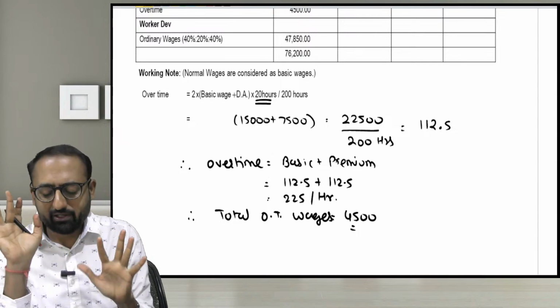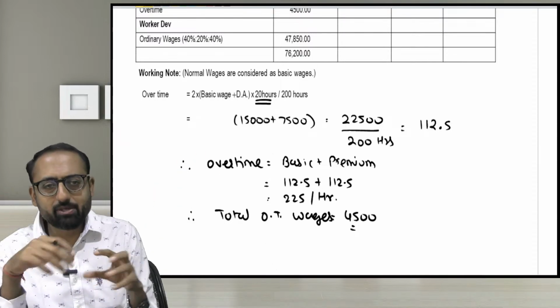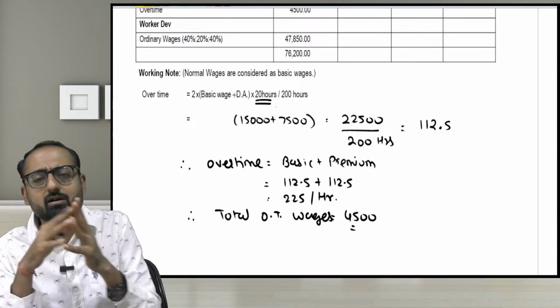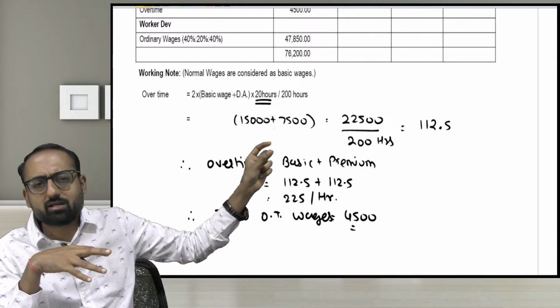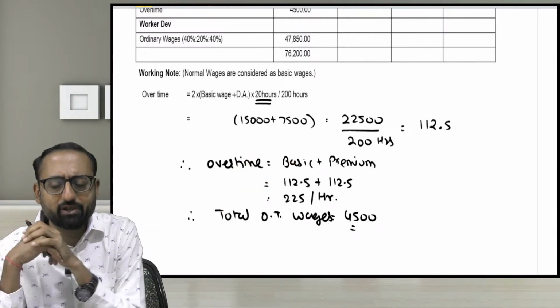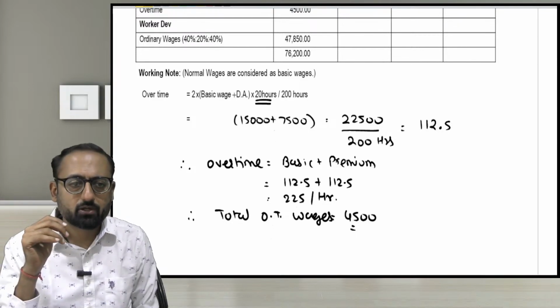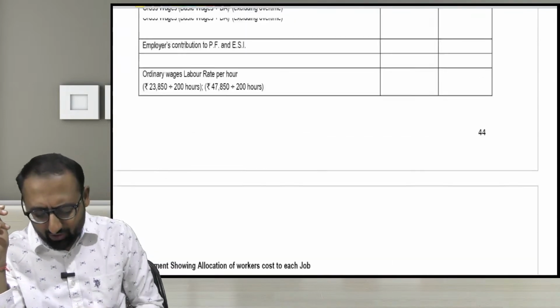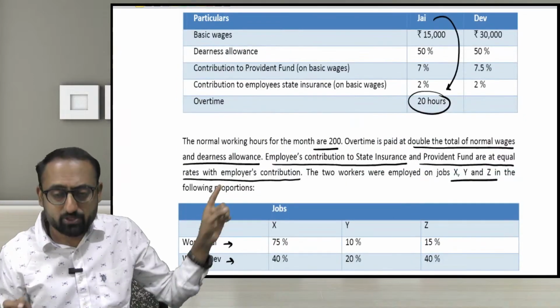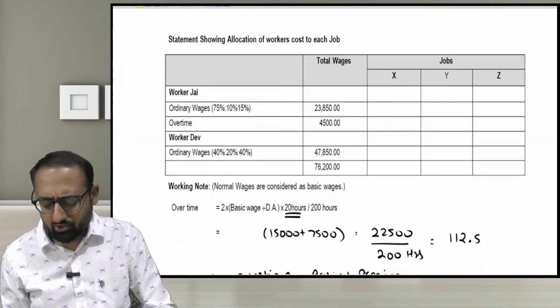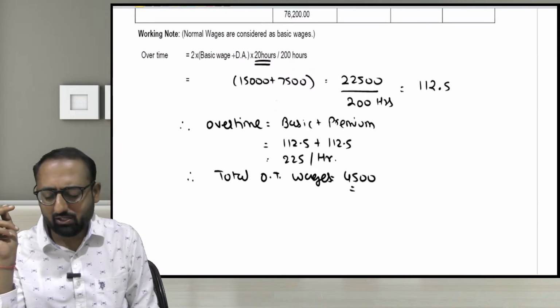So what I have done, overtime is double the normal basic wage rate and DA allowance. So basic wage rate is 15,000, DA allowance is 7,500, so total comes to 22,500. Normal working hours for the month are 200 hours, given in the question, so you'll get these 22,500 for 200 hours.